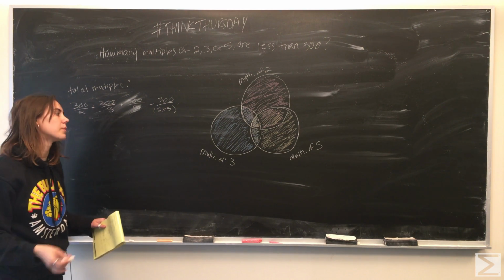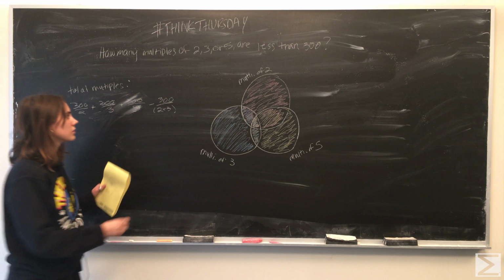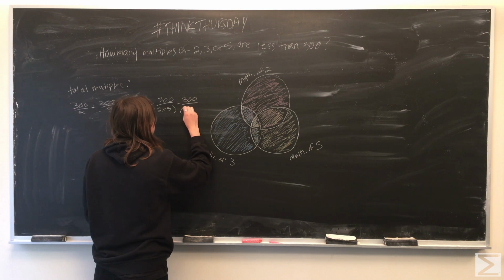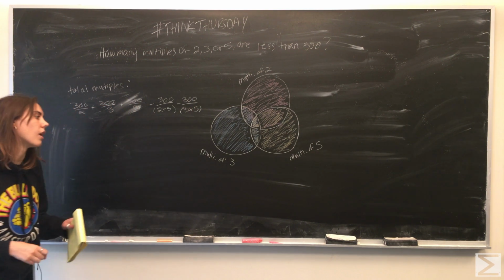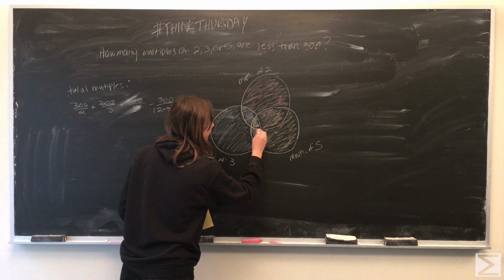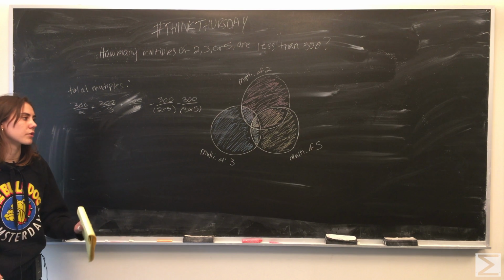Since it's double counted by both the multiples of 2 and the multiples of 3, we just subtract out one of those. We want to then subtract out the multiples of 3 and 5, which are double counted here. So it's only counted once, those different multiples.